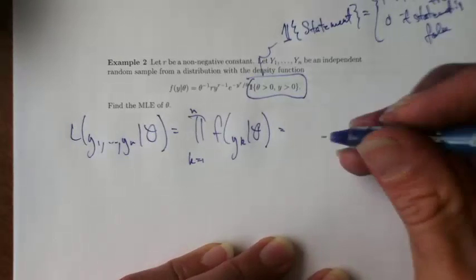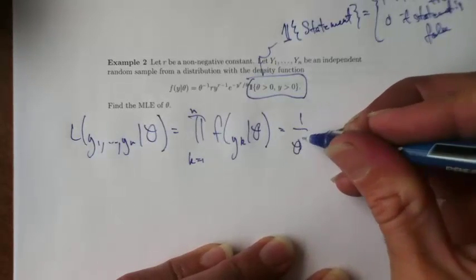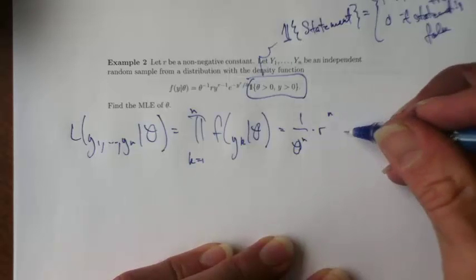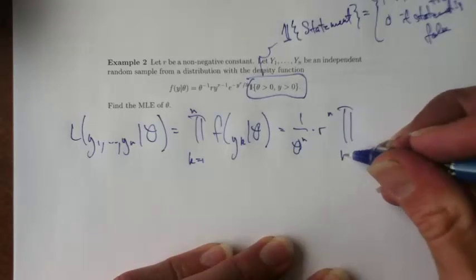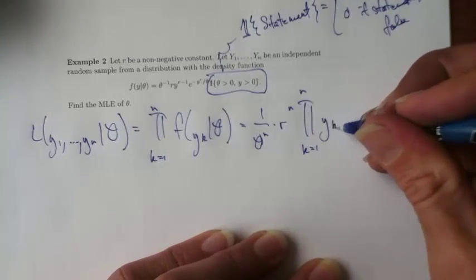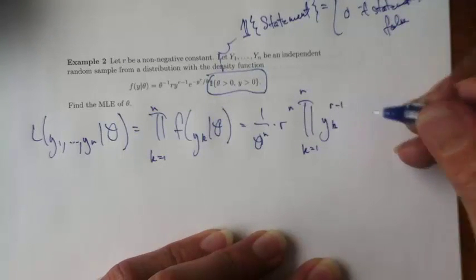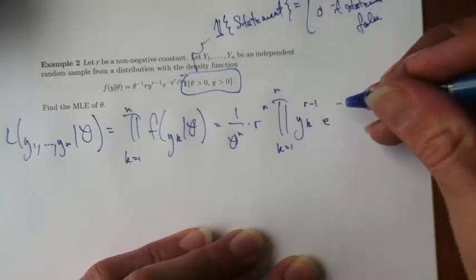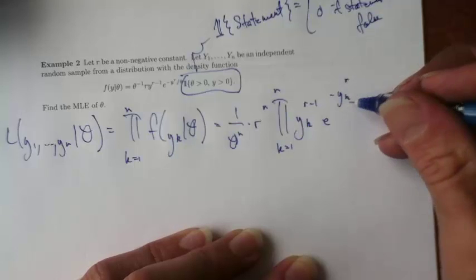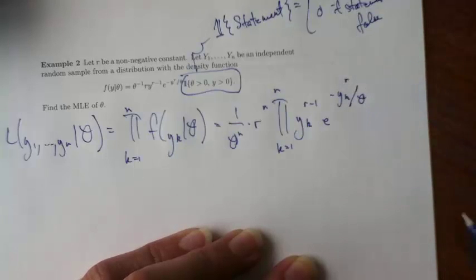In this case, this will be 1 over theta to the n times r to the n times the product, k goes from 1 to n, of y sub k to the r minus 1 e to the negative yk to the r, all over theta in the exponent there.